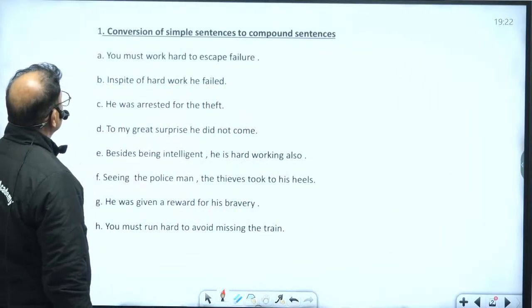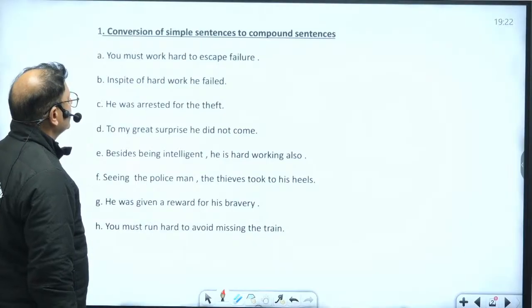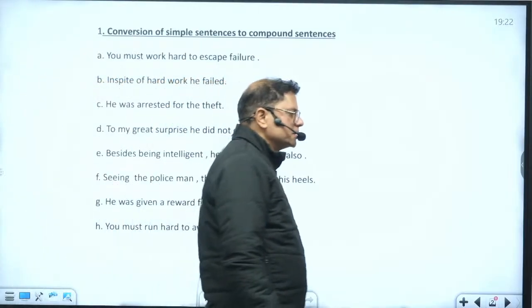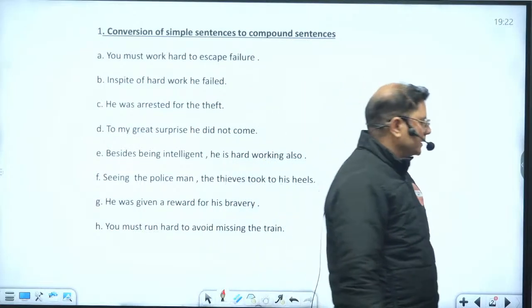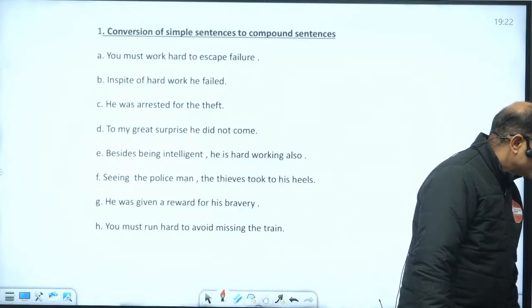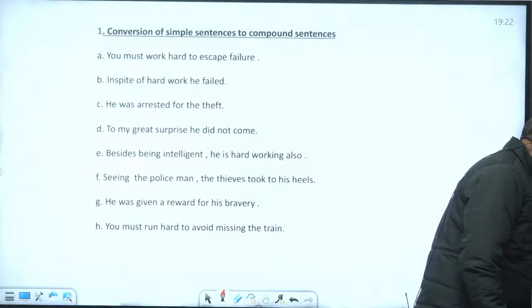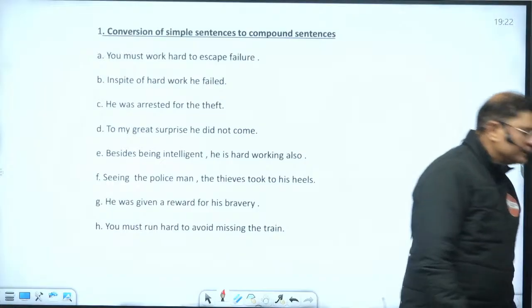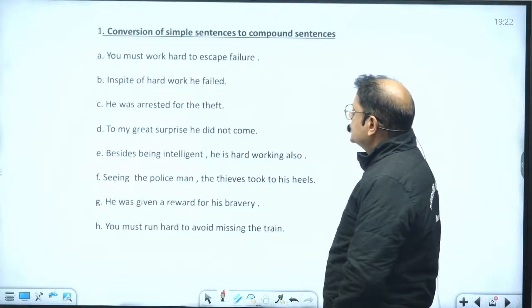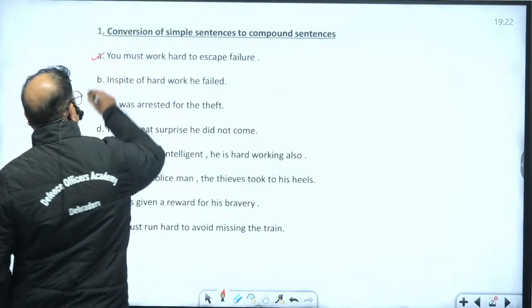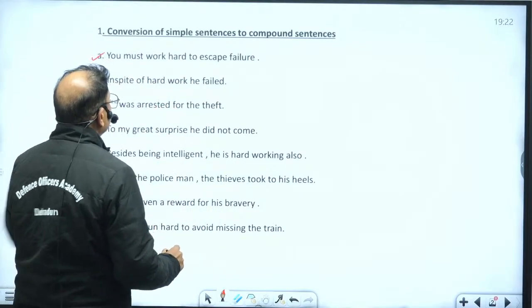Okay, so conversion of simple sentences to compound sentences. This is exercise number 1, and we would like to see your responses as well. This is the simple sentence: You must work hard to escape failure.